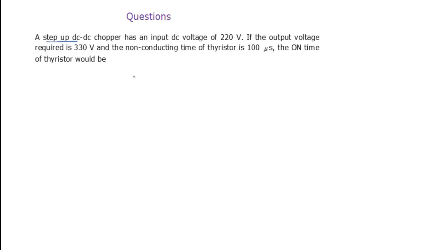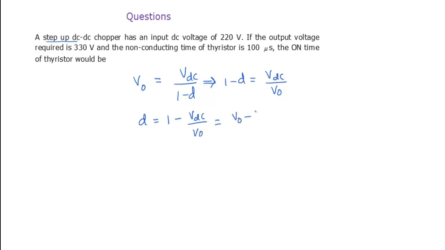In case of step up chopper, V average is equal to VDC divided by 1 minus D. So from this, 1 minus D equal to VDC divided by V naught. So D equal to 1 minus VDC by V naught, that's nothing but V naught minus VDC by V naught. So remember that. Okay, that is the duty ratio in case of step up chopper.